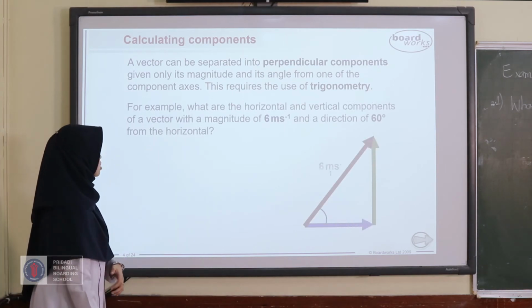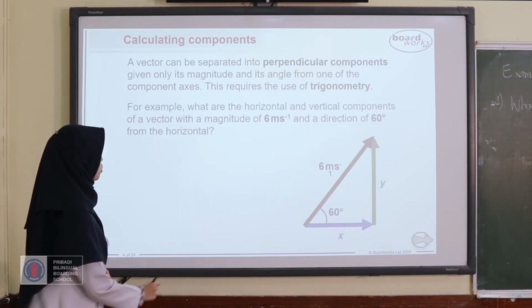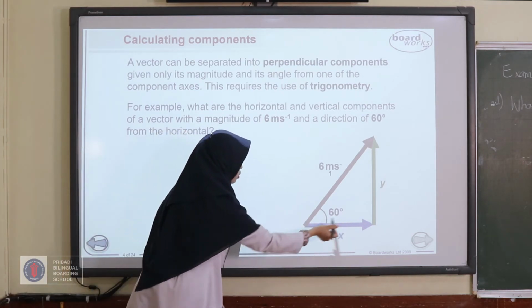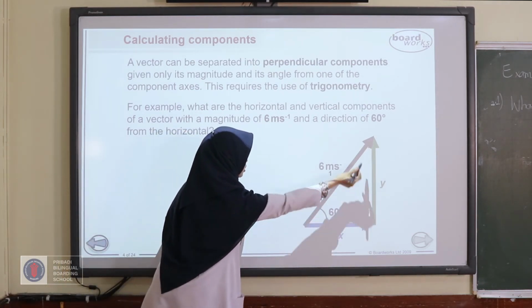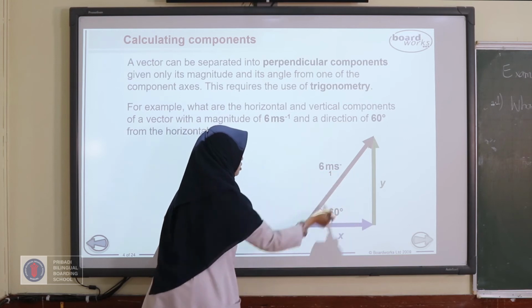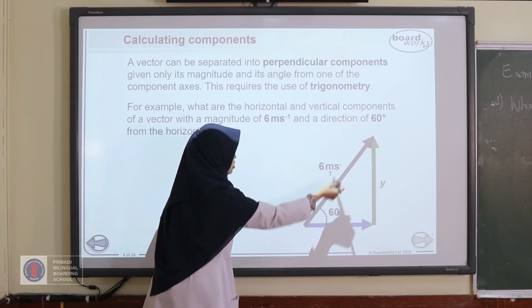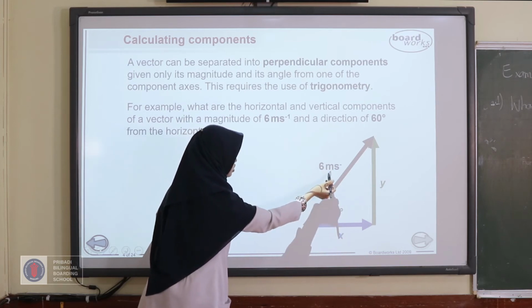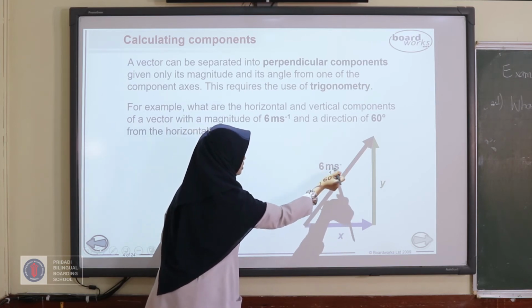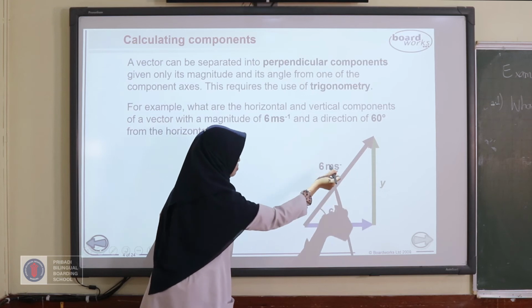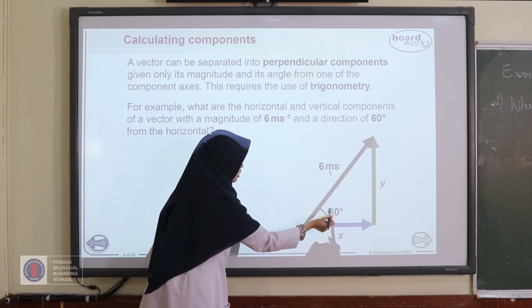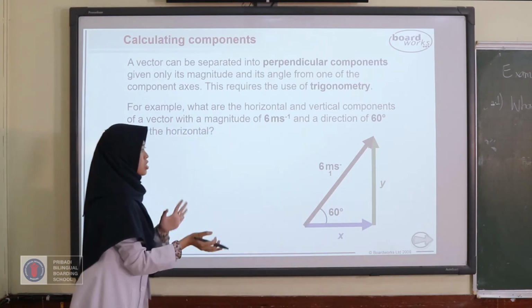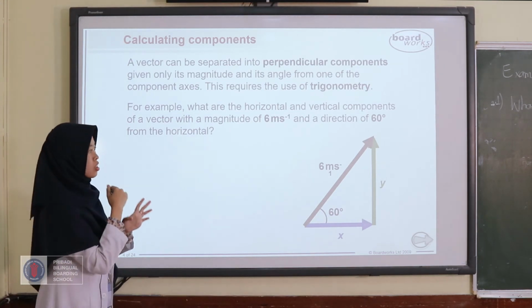Suppose that this is our component, x component, y component, and this is the resultant vector, the vector that we know, 6 meters per second, and this is the theta. So it's actually the opposite of the previous question.